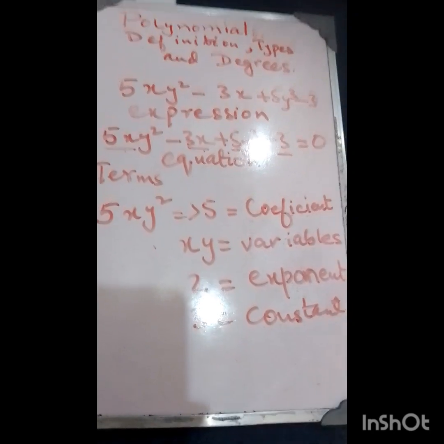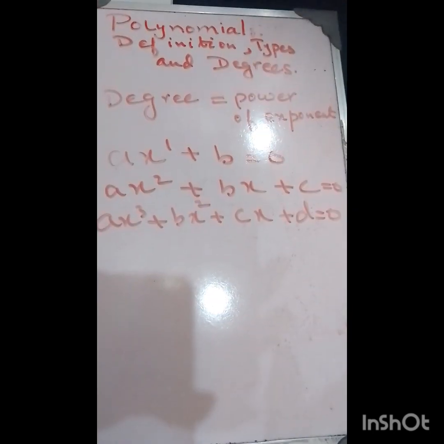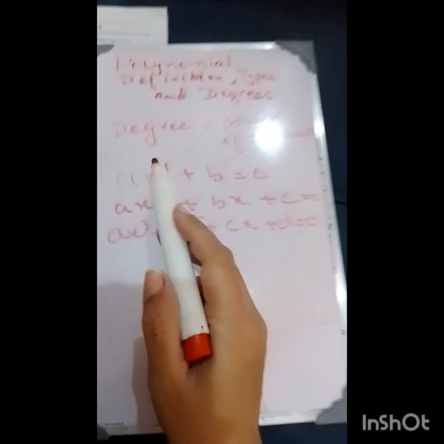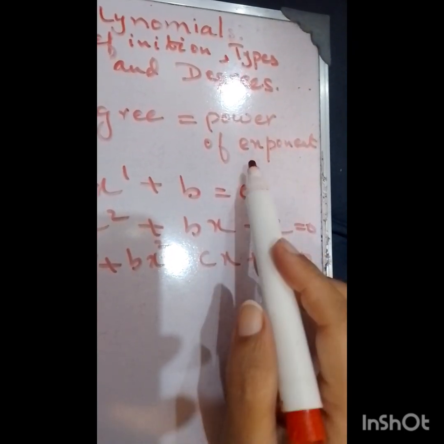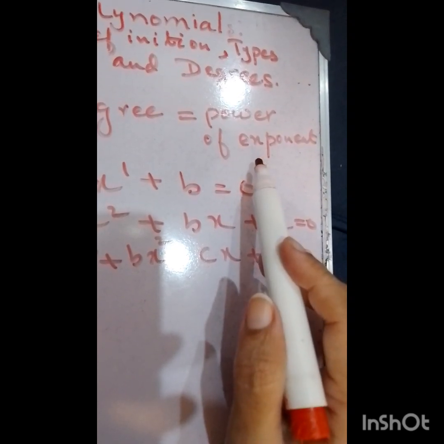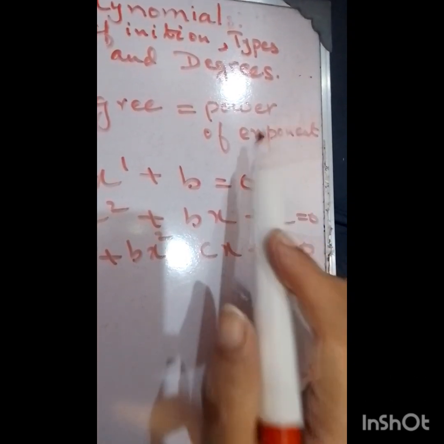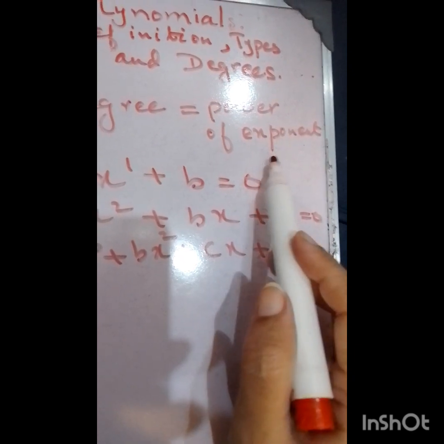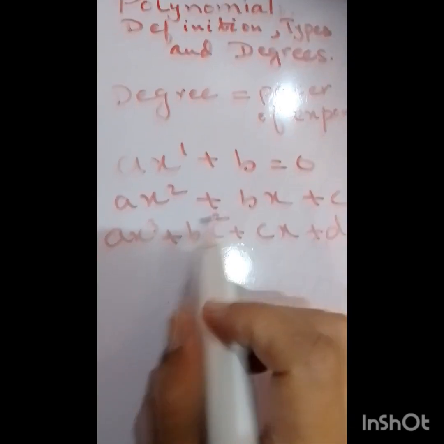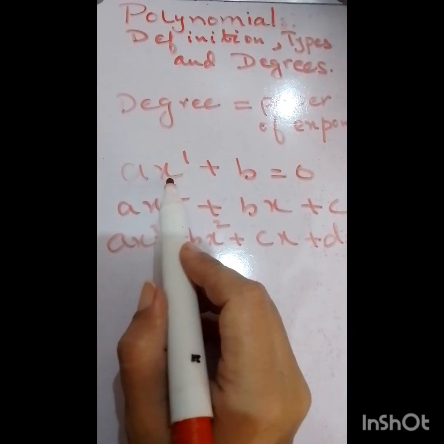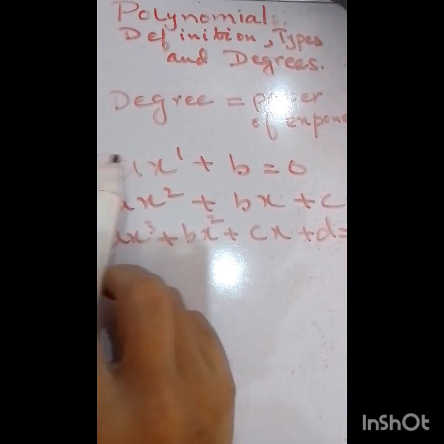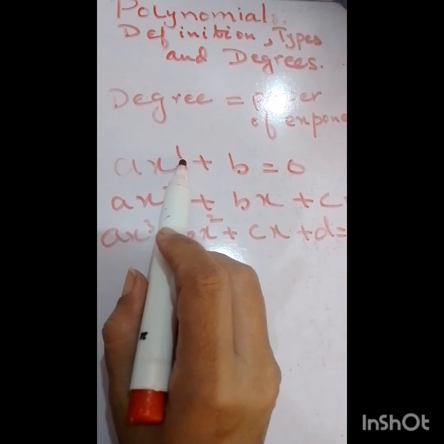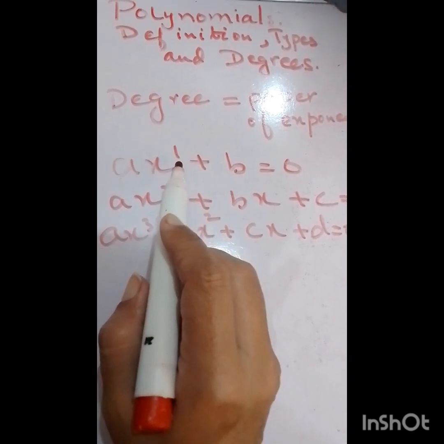Now let's begin with the degrees. The degree is equal to the power of the exponent. Whatever exponent is written in the expression or equation, we will identify that expression's degree from that. If it is written ax to the power 1 plus b, it is the linear term, and this is the power 1, so we call it linear.